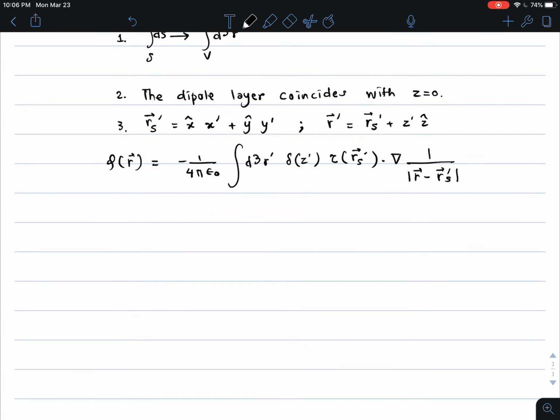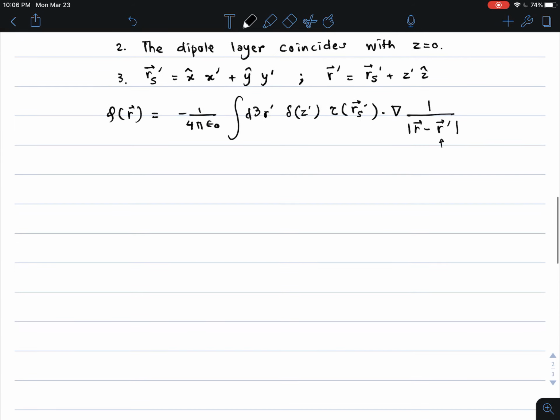And so that part hasn't changed. What we need to do really is not write down s anymore, because we have now a volume integral. This rs prime now has to be replaced by rs. So that's a new change here that you need to recognize.